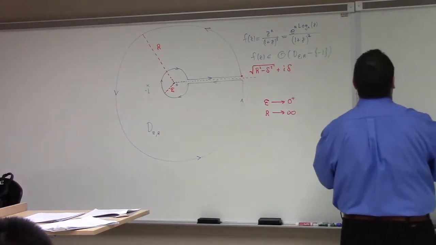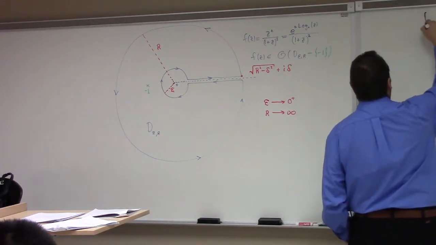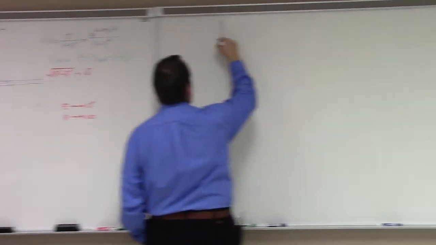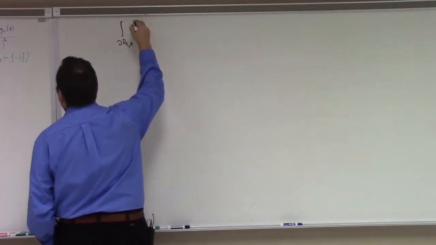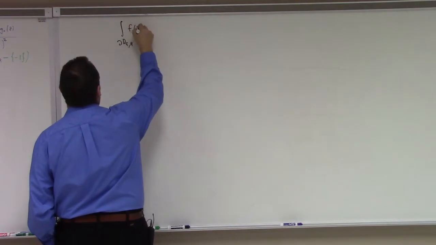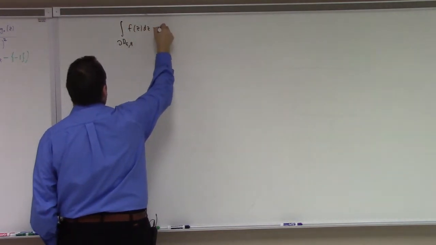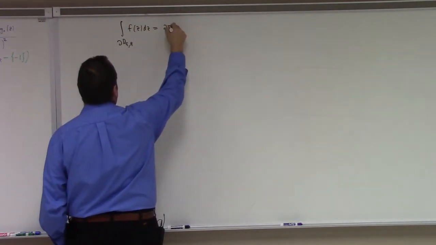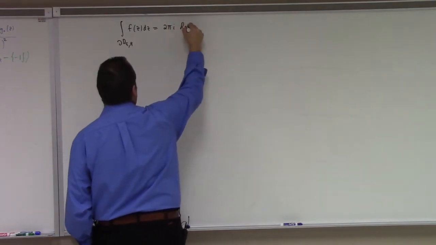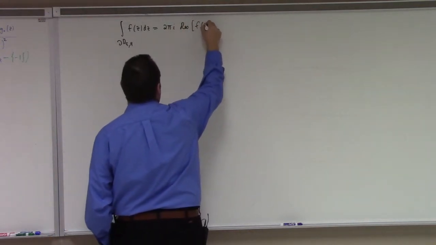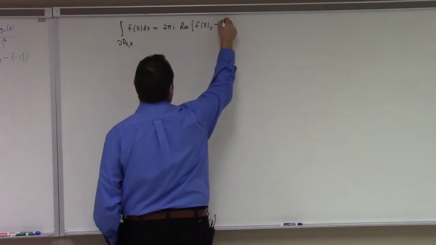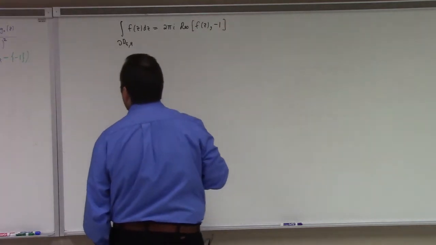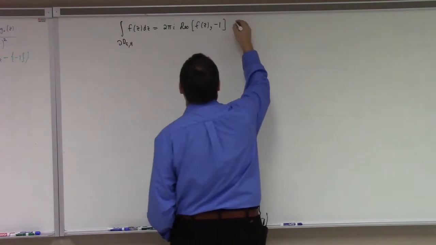Okay, now, we need to think about, like I said, we're going to integrate. So the big picture here is the integral over the boundary of this region of f of z dz is equal to 2 pi i times the residue of f of z at the one singularity, which is, in fact, -1, right? And so that's going to be what?